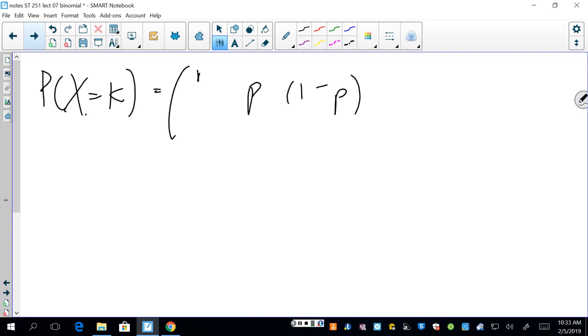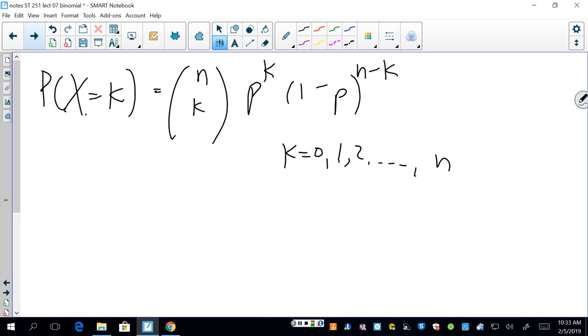Yeah, there's going to be an n choose k, right? There's some combinatoric out there. There's a k up here, right? We need k yeses. So how many nos? n minus k, right? And so this would be the probability of one particular sequence, say k yeses, n minus k nos. Well, this is the number of ways you can rearrange to still get that. So these are our probabilities for k going from 0, 1, 2, right, up to n.